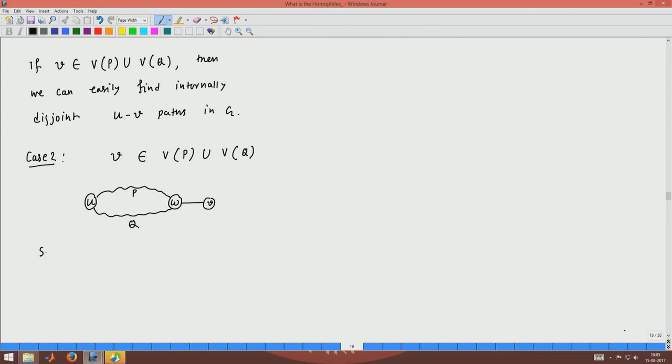Now, since G is 2 connected, by removing one vertex, say vertex W, you can't make the graph disconnected.